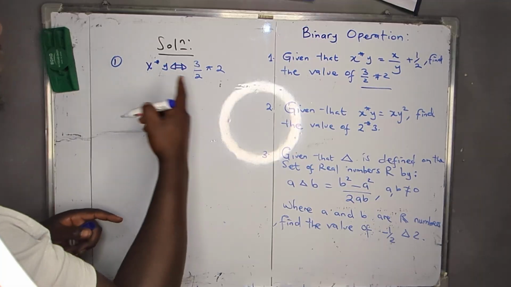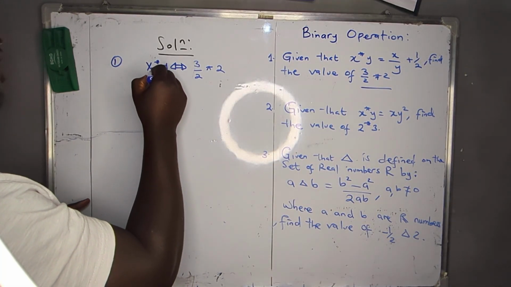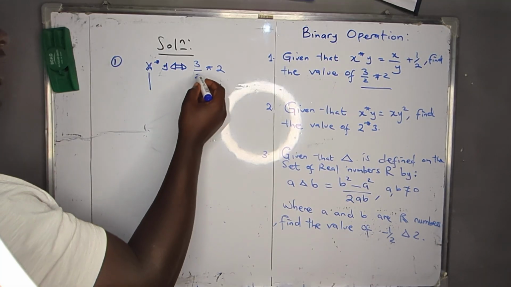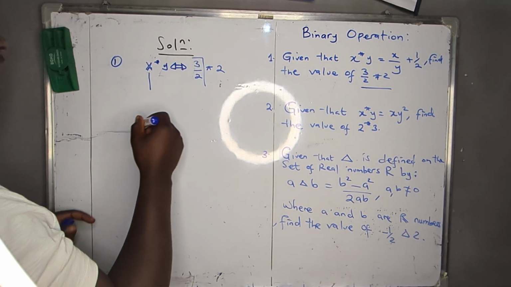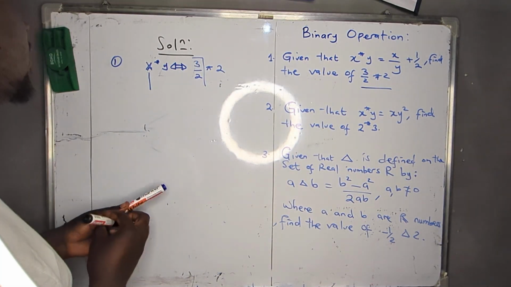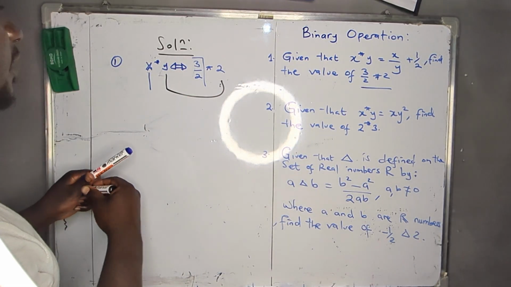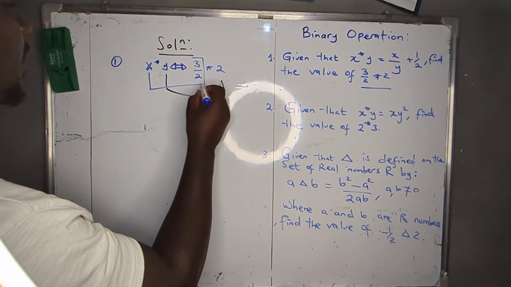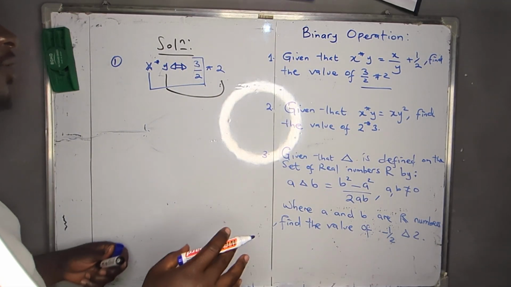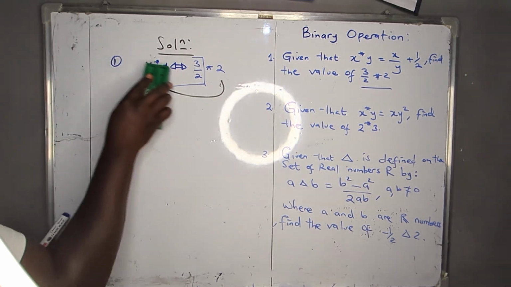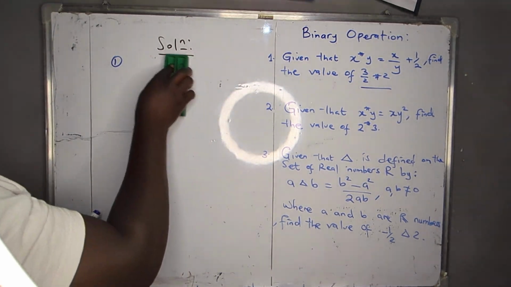The first number here represents this variable, and the second number represents this other variable. That's how it is, and this is very easy. This is how we are going to be solving questions on this specific topic.